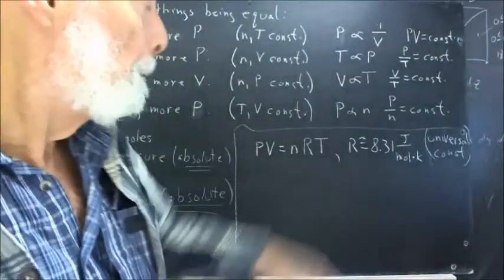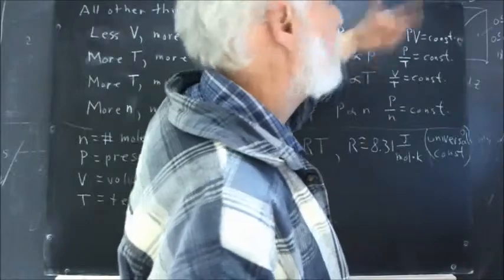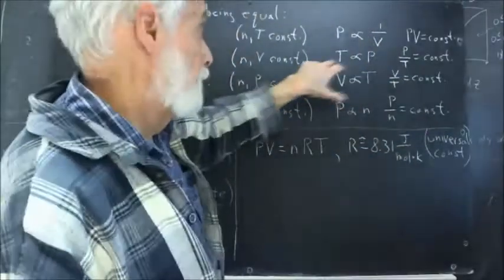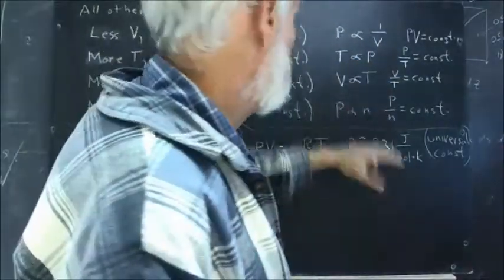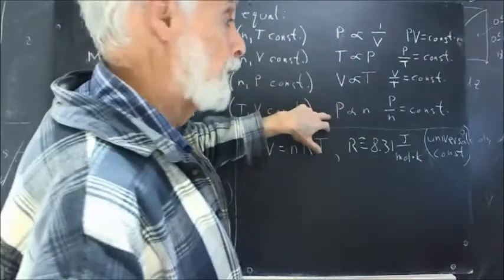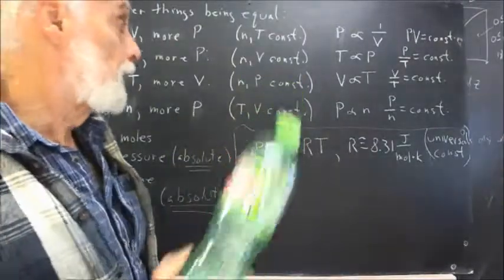And from each of these proportionalities, we conclude that PV has to be constant, all other things being equal, again, if N and T are held constant. Okay, P over T constant, if T is proportional with P, and so forth. You should be able to argue for each of these by talking about an intuitive situation, perhaps with a bottle, perhaps with something else.